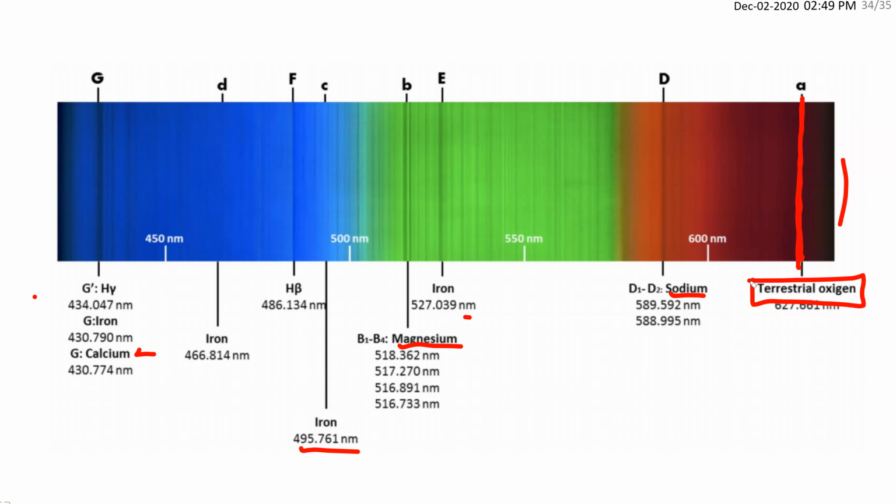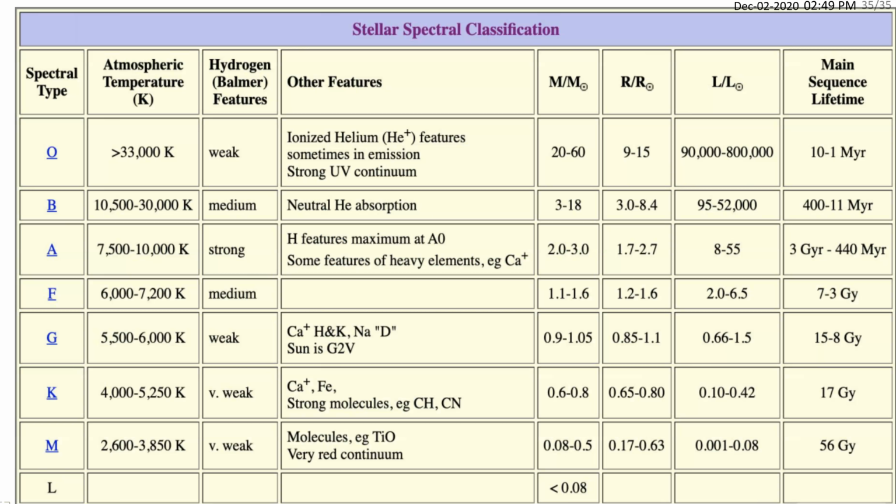Now let's talk about something a little bit more complicated. There's this big screen right here, it just popped up. You don't have to read it all. Of course, you can pause it and read it if you want to. But basically, we use the spectral classification. We use the spectra to figure out tons of things.